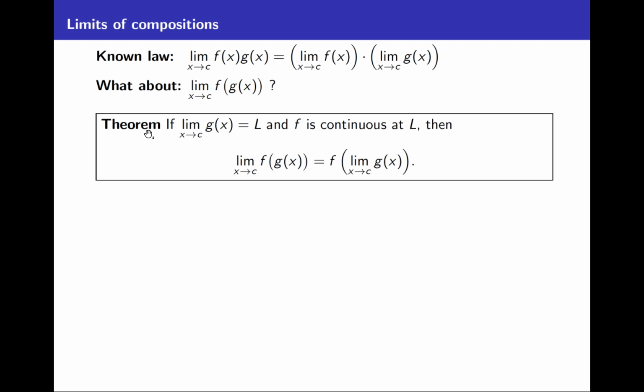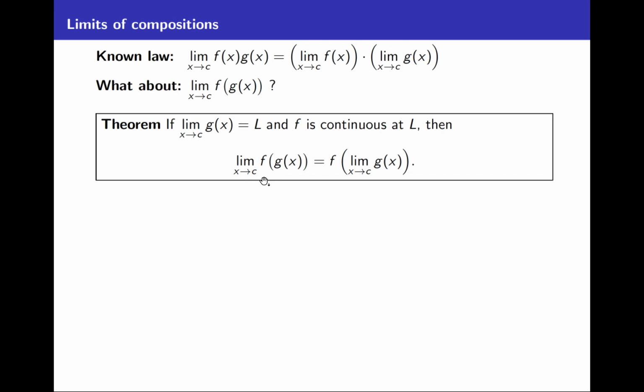Here's the theorem. It turns out that if the limit as x approaches c of g of x equals a number L, and in addition f is continuous at that number L, then the limit as x approaches c of f of g of x equals f of the limit as x approaches c of g of x. In other words, under these conditions, you can bring the limit as x approaches c inside the function f.